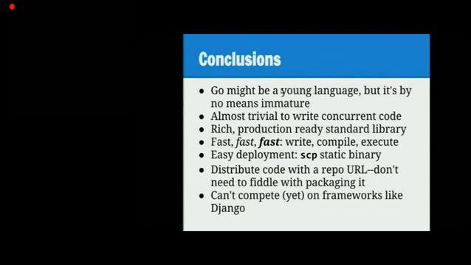But again, Go can't compete yet with frameworks like Django, although obviously there are some Go App Engine folks here. It's probably the most complete framework in the Go world.